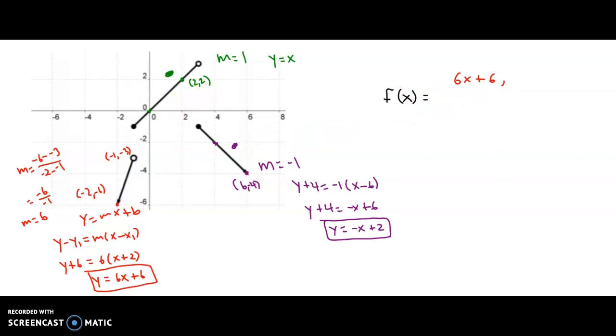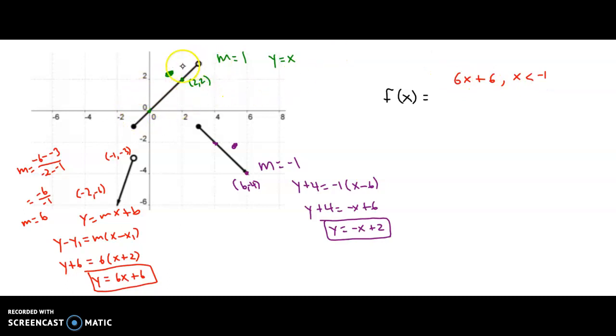Now, remember, it has an arrow, so that means anything to the left of -1, you're going to graph this line when x is less than -1. And it's less than because it's an open circle. So when x is less than -1.